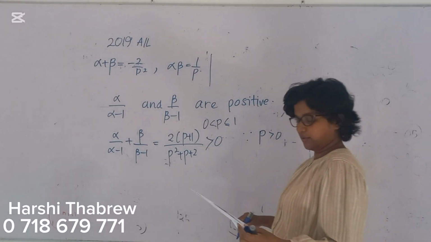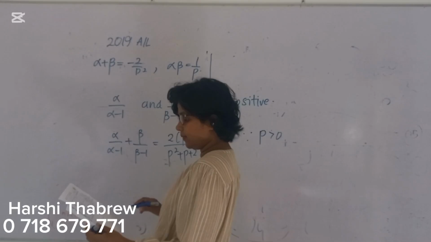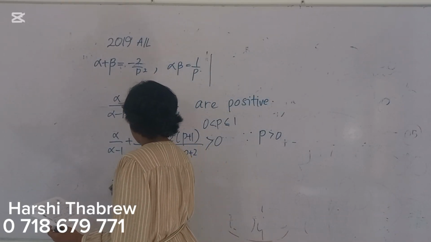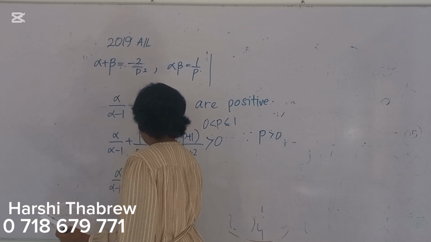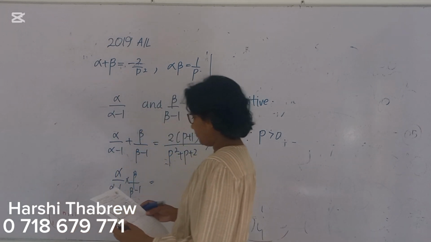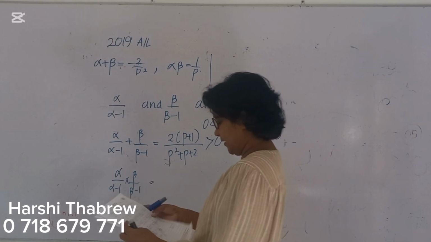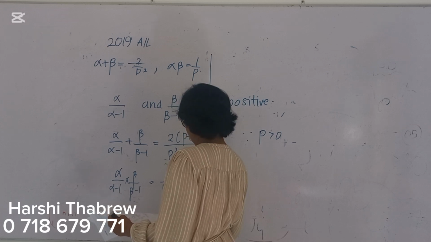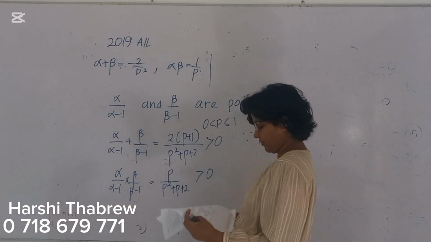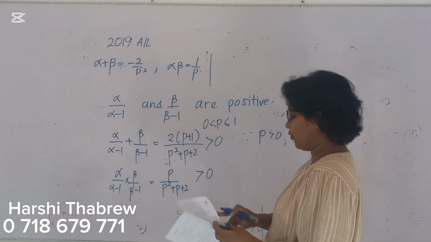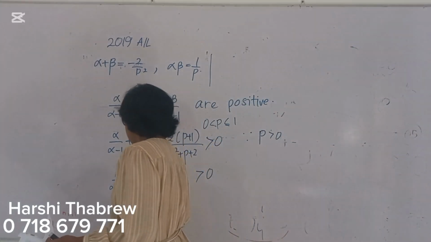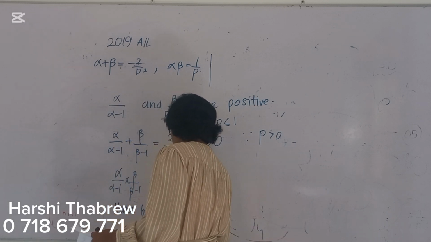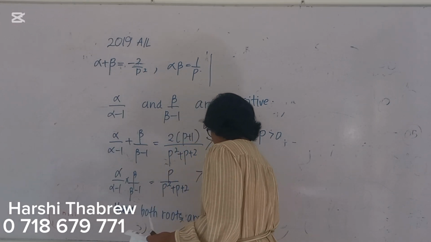The product of these two roots, alpha over alpha minus 1 into beta over beta minus 1, what is it? It's p over p squared plus p plus 2, which is also positive. It's greater than 0. Therefore, you can say that hence both roots are positive.